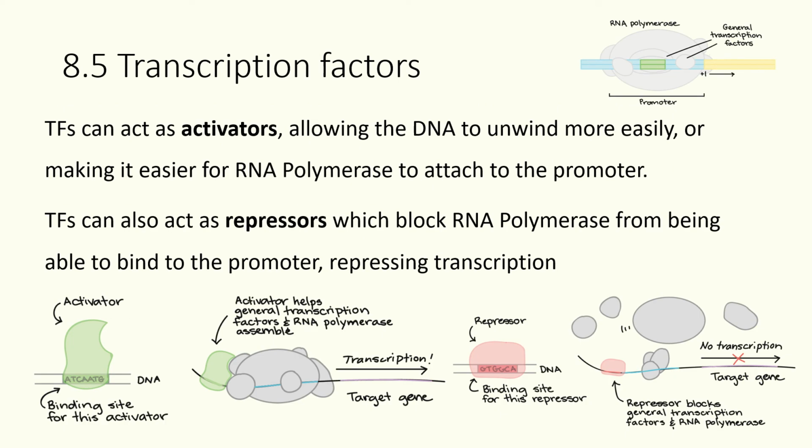Transcription factors can act as activators, where they allow the DNA to unwind more easily. The activator binds to the DNA where RNA polymerase is going to attach to the promoter. It attaches there and basically makes it easier for RNA polymerase to come in, allowing that process to activate a lot more easily.